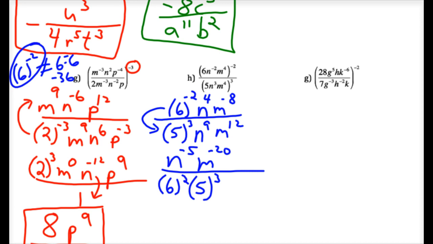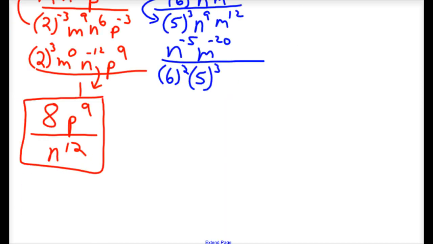We dealt with our variables. The n's come down and the m's come down. Holy schmoly, everything from the top goes to the bottom. What do I have to keep at the top though? A 1. I'm going to square 6 to make 36.